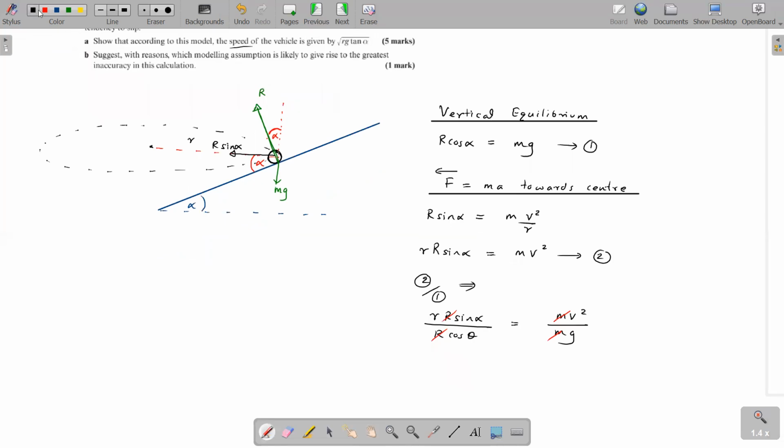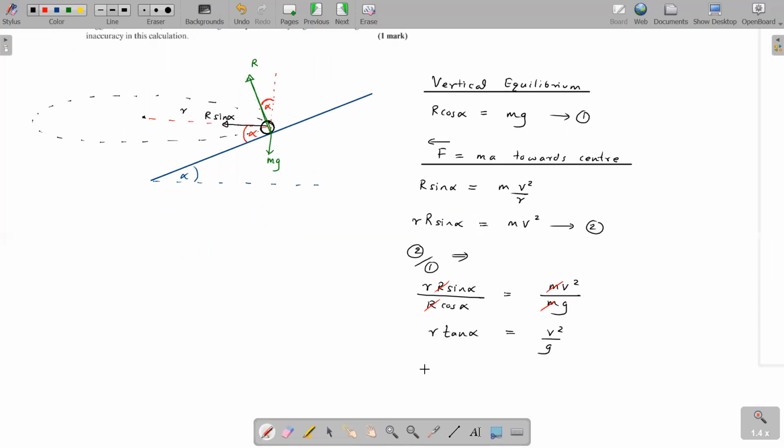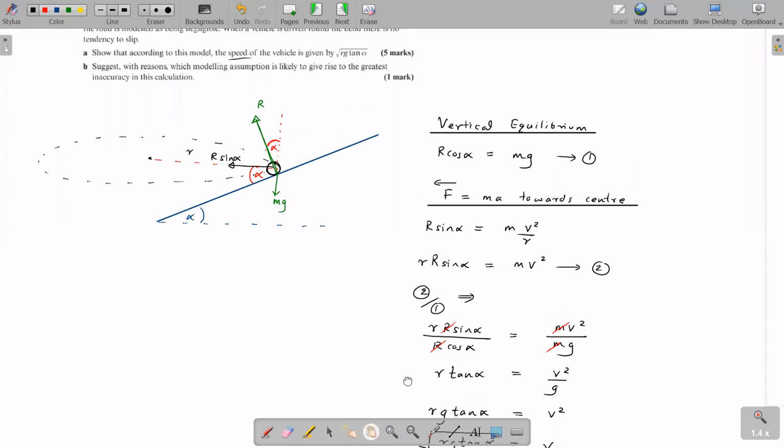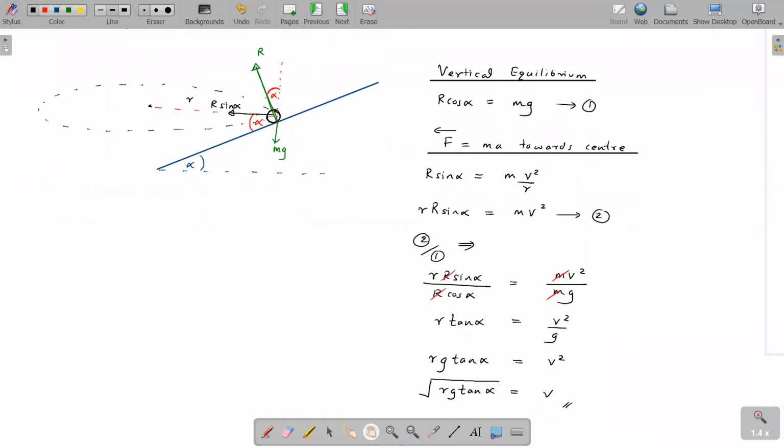You have r sine alpha over cos alpha, sorry, this is cos alpha, not theta. Sine alpha over cos alpha is tan alpha, equals v square over g. Take the g to the other side. So r g tan alpha equals v square, and therefore v equals the square root of rg tan alpha. And this is the show that. Show that according to the model, the speed of the vehicle is root rg tan alpha.